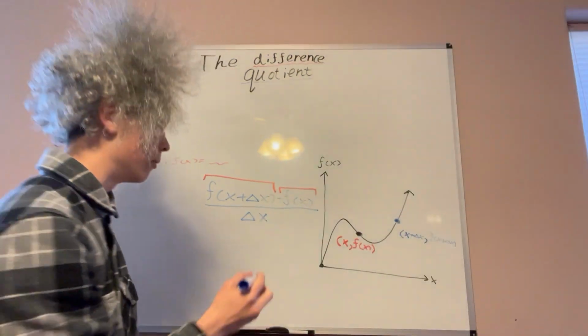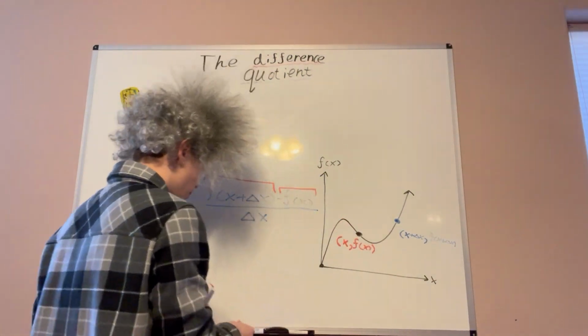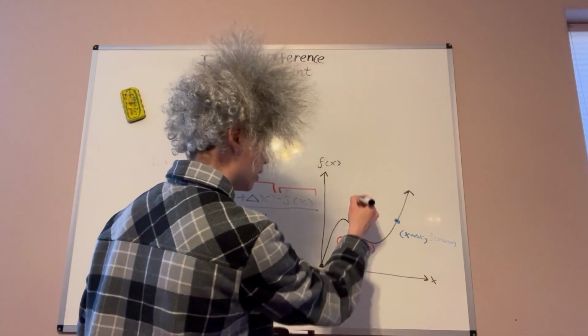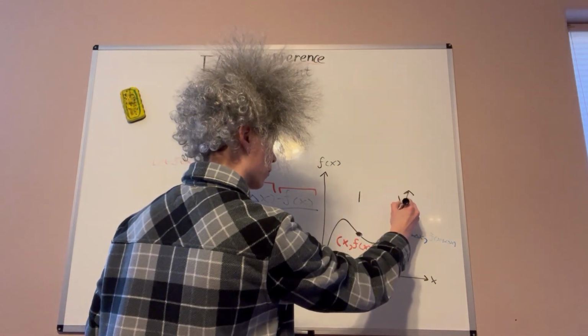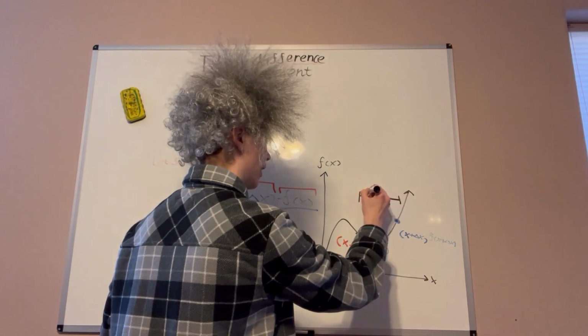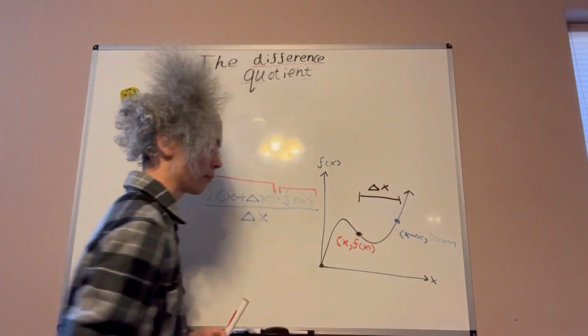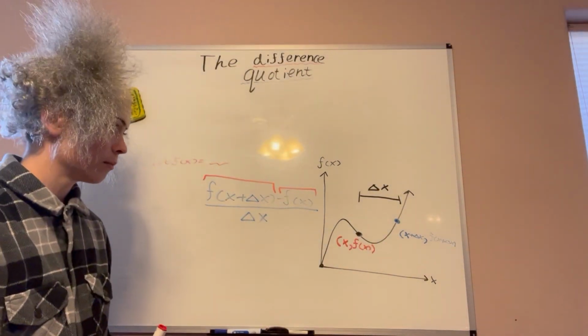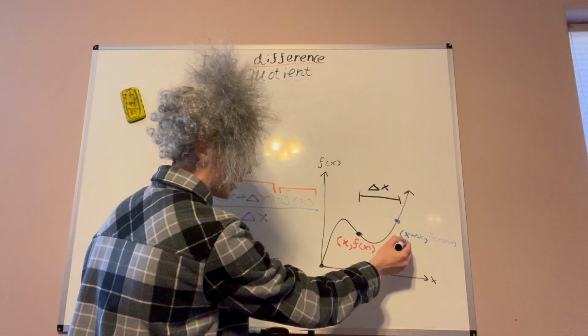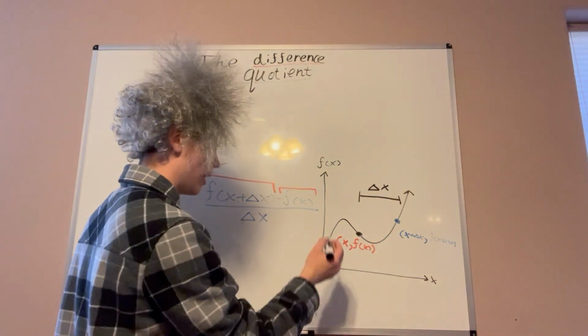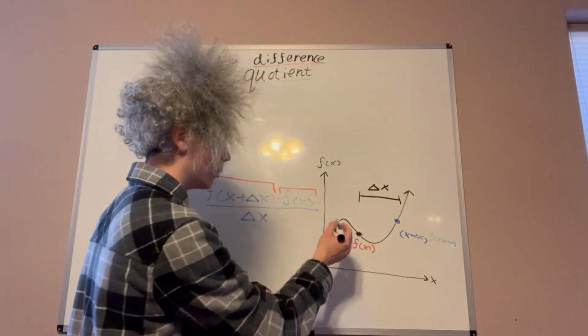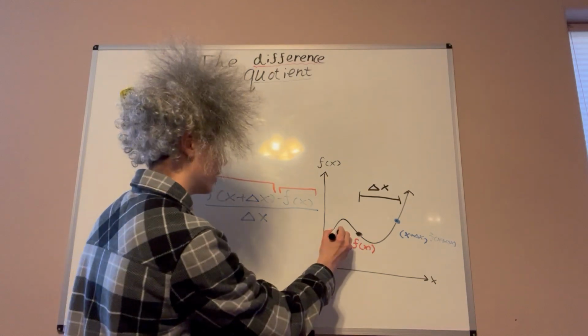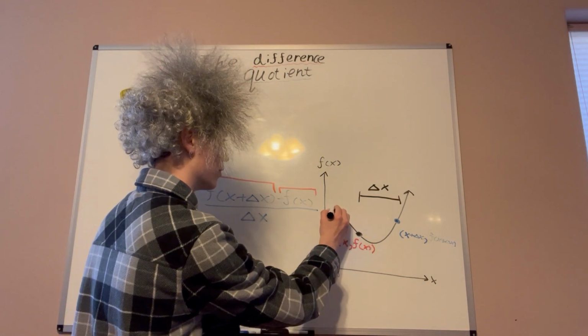Now, here we have a distance between these two points of delta x, because this ordered pair is just x plus delta x. And also we have a difference in y values.